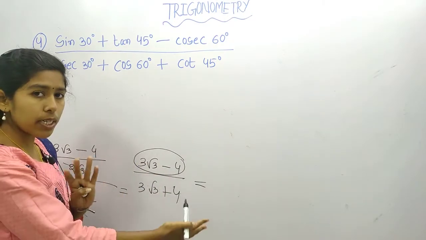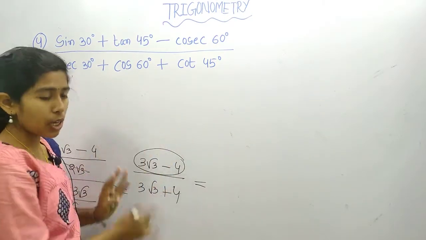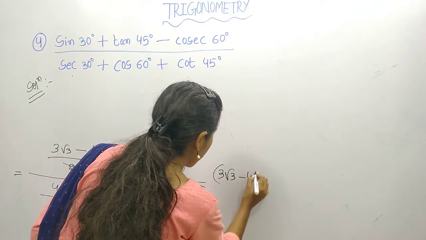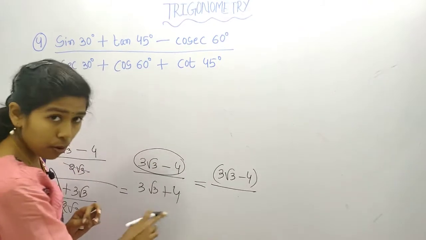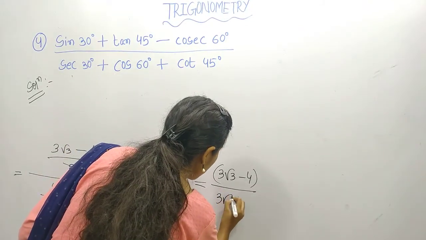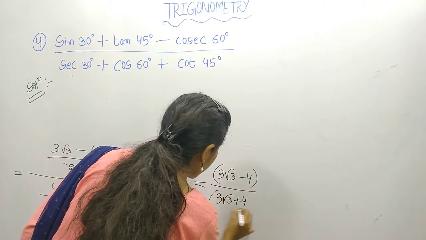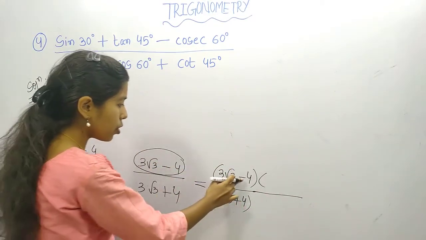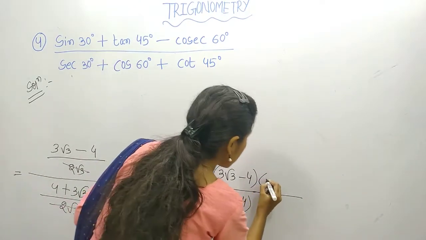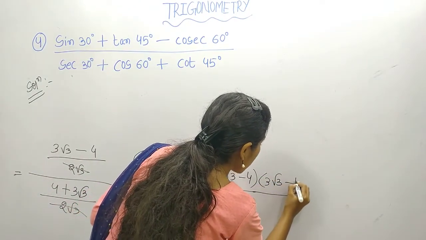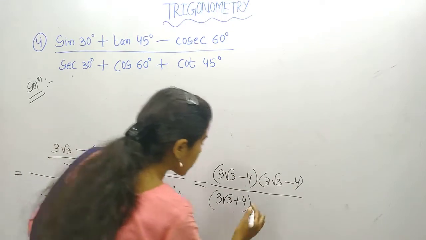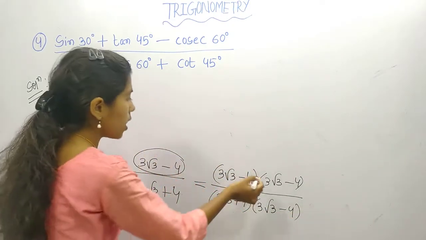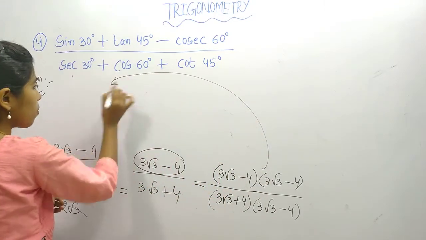So you have to multiply and divide. So 3 root 3 minus 4 divided by 3 root 3 plus 4, into, here you see plus is there, you have to multiply with minus. 3 root 3 minus 4, again you have to divide by the same, 3 root 3 minus 4. Okay. Now next you can come here.